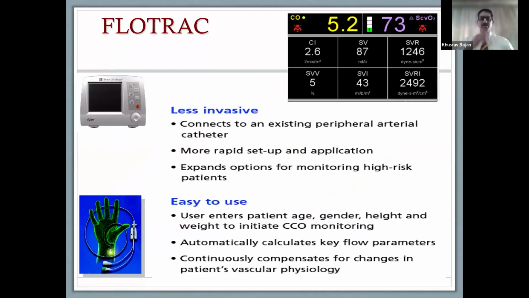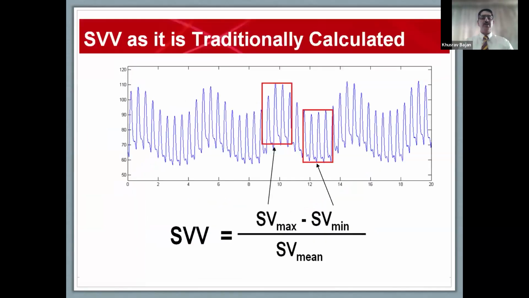So the FloTrac is minimally invasive, and here you need an arterial line. And what all can you do with an arterial line, I will just show you here. So you will look at the stroke volume variation, which is the stroke volume max minus the stroke volume minimum upon the stroke volume mean. And this variation, to understand easily, is opposite of CVP. So if the CVP is high, the variation is low.